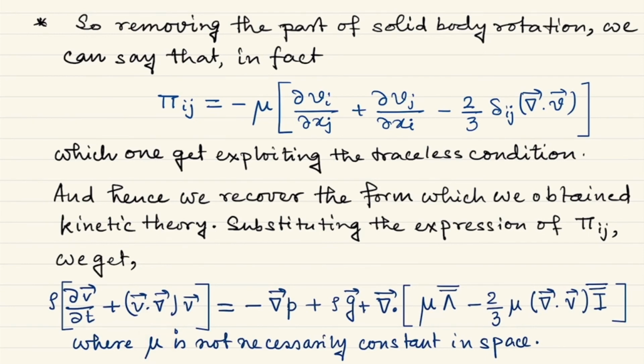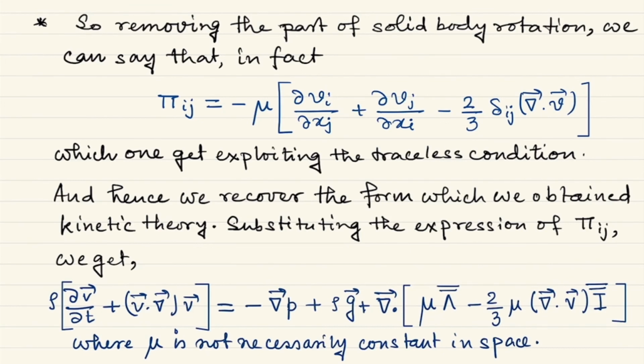That is very general, and we will use this expression when we talk about the dynamics of accretion disks, because in case of accretion disks, it is actually found by different studies that the coefficient of viscosity is not constant in space.